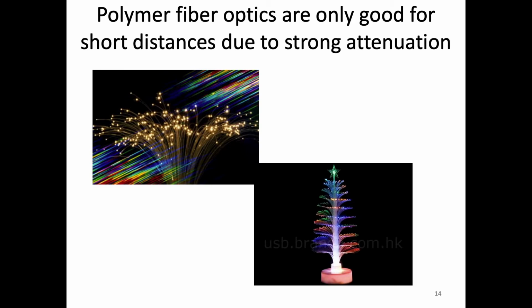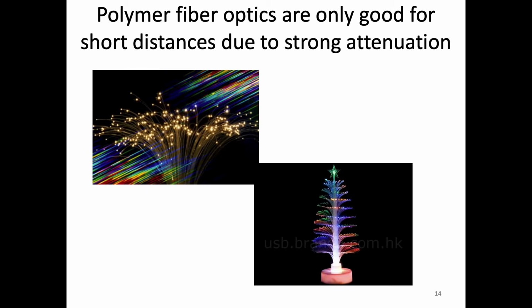All right, so let's talk about some of the different types. So I think everybody's probably seen these really cheap polymer fiber optics. If you've ever owned a really cheap one of these Christmas tree type things that changes color and so forth. Those obviously have their applications, like these consumer products, but overall these aren't that great because they can only transport light short distances because they have strong attenuation, heavy losses along the way.